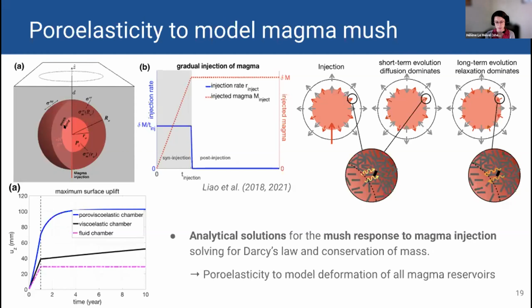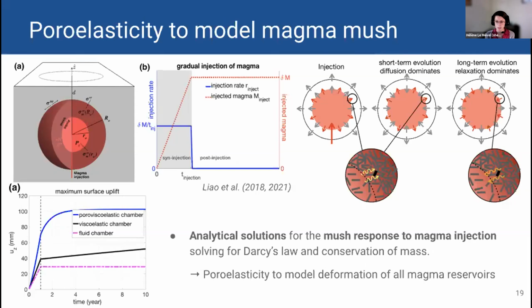And then an injection of magma is simulated in the liquid core, and magma is allowed to flow across the liquid-mush interface and throughout the mush. So the flow is driven by the gradient of pore pressure and governed by Darcy's law and the mass conservation equations.